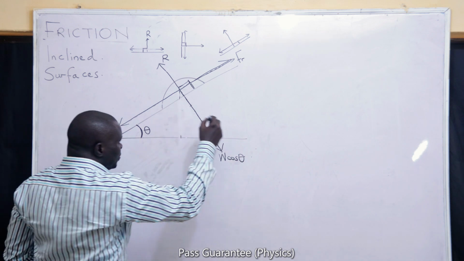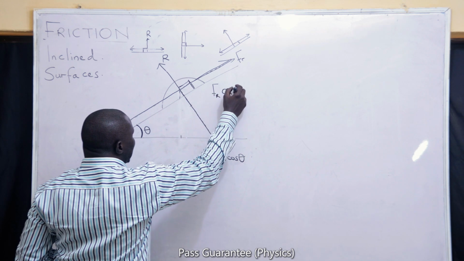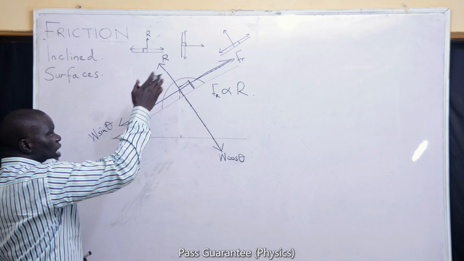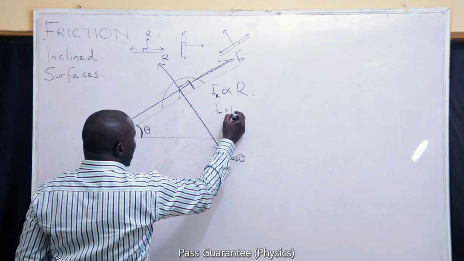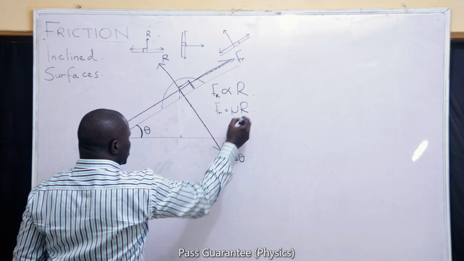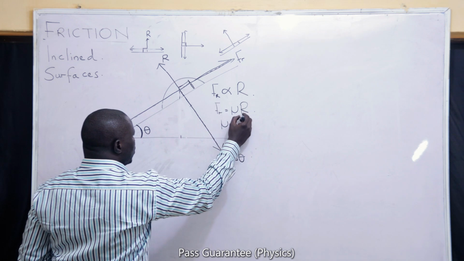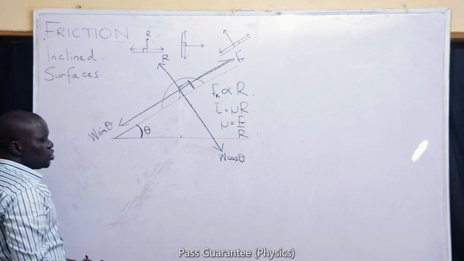Remember that in all cases, friction is directly proportional to the normal reaction. That means if I know the normal reaction, I can use it to find the friction. So friction is equal to mu R. If friction is equal to mu R, then mu is equal to friction over R. And that is what we have here.